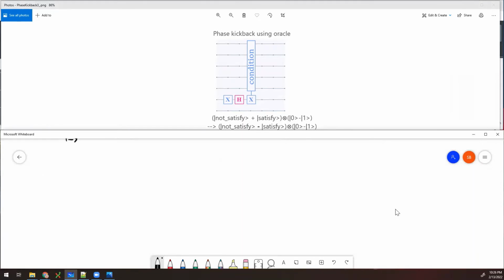We split the full superposition into two abstract terms. The terms of the states that don't satisfy the condition, we'll call them N, and the states that satisfy the condition, let's call them S. And then we have the target that is in the minus state.